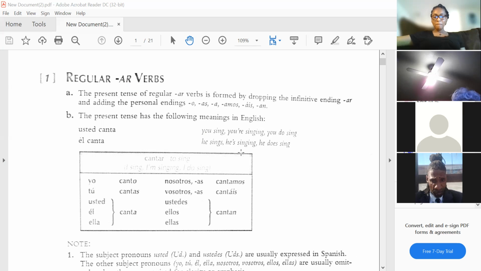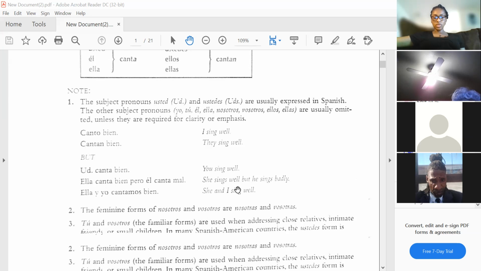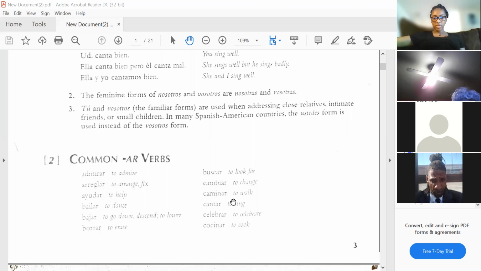Okay, so let's review. Let's choose a different verb. Let's use to dance, bailar, B-A-I-L-A-R. So we're going to say I dance. How would you say that? Yo bailo, correct.